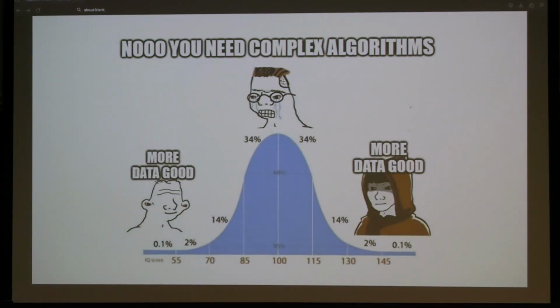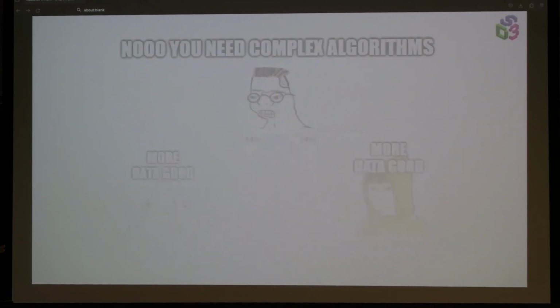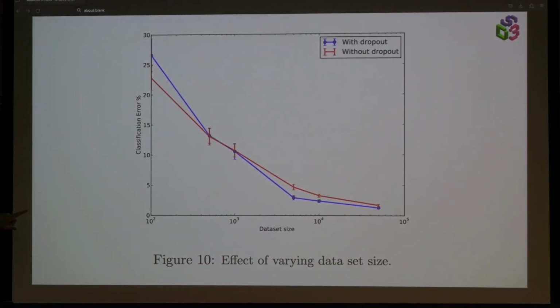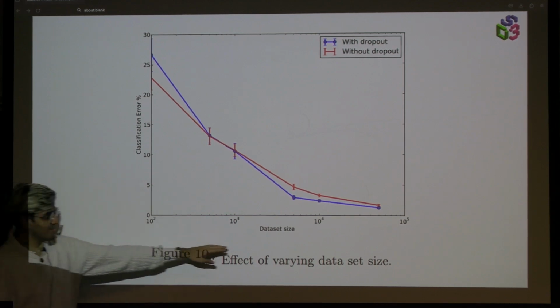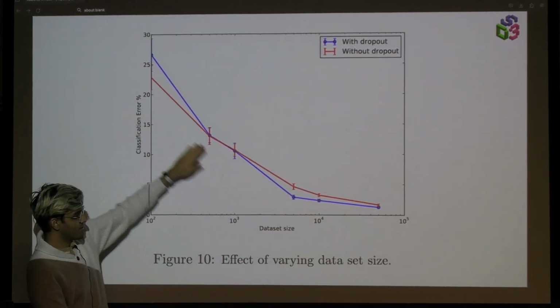There we go. The effect of data set size. It's pretty simple. More data, good. Okay? There's not too much logic, there's nothing to think about here. More data, good, right? When your data set size increases, your classification error goes down.